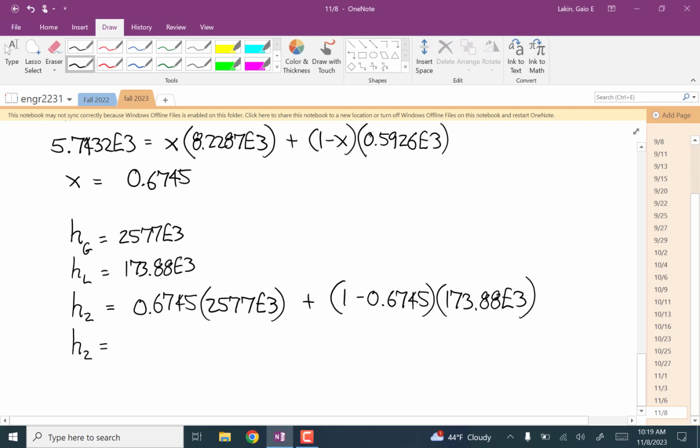And so H at state 2 is 1795 times 10 to the third. And this is joules per kilogram.